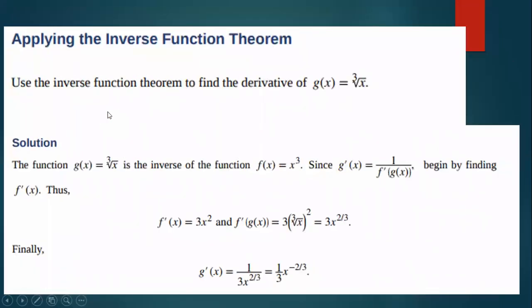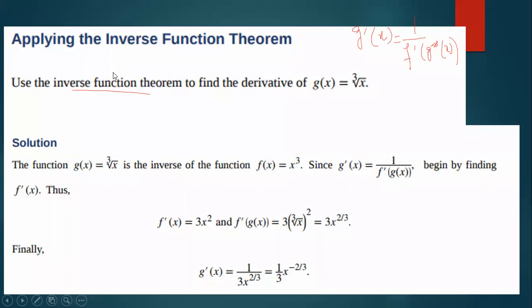Okay. Next question is, this is the value of g of x. Again, you have to write that g derivative of x will be, we have to find the inverse function theorem. So it will be 1 upon f derivative of g inverse of x. Okay. G of x, sorry, f inverse of g of x.